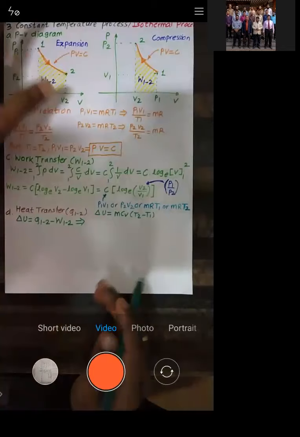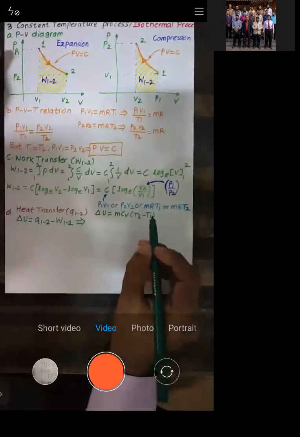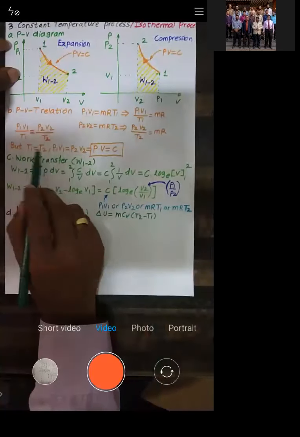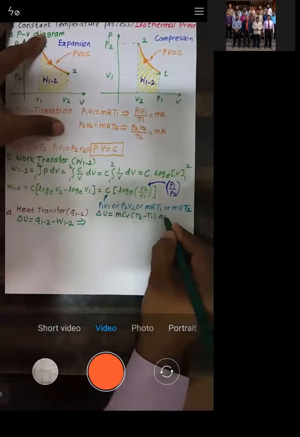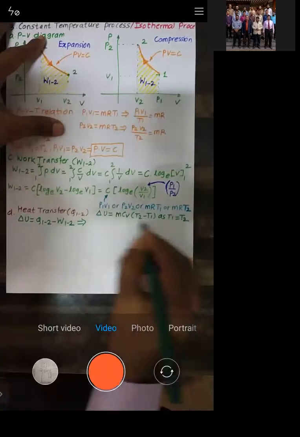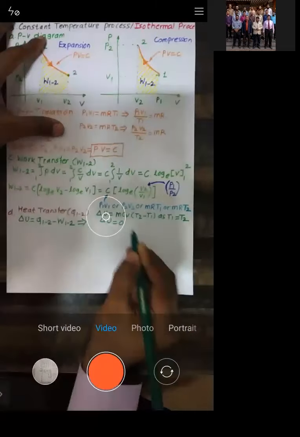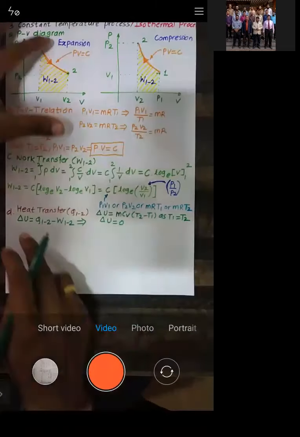Now this is the formula for change in internal energy. But here we have T1 equal to T2, both are the same.